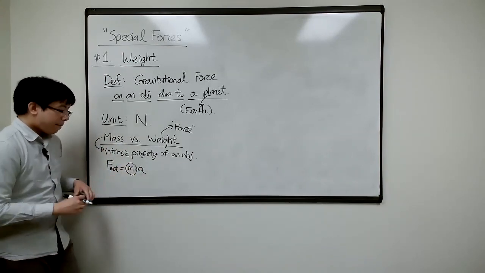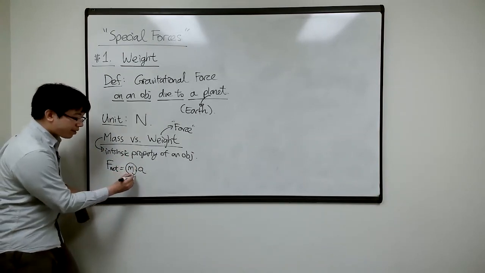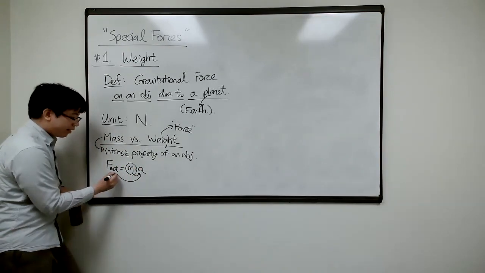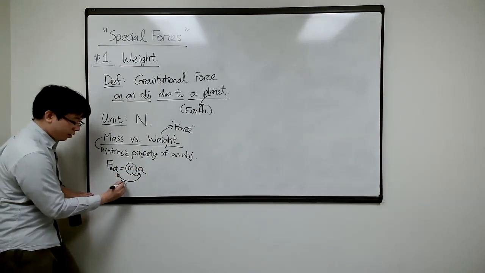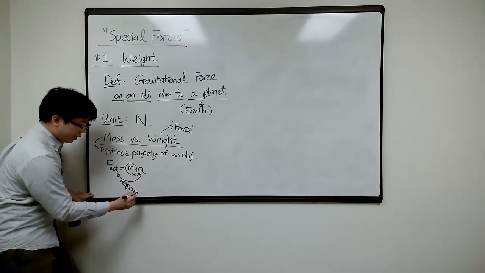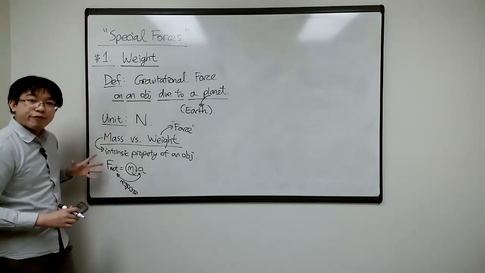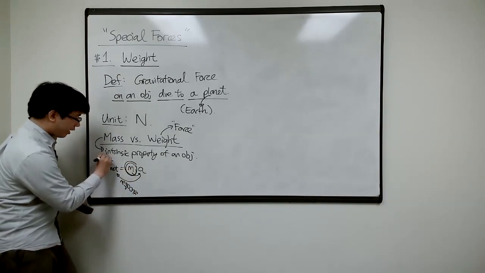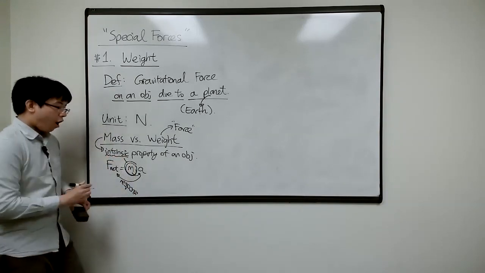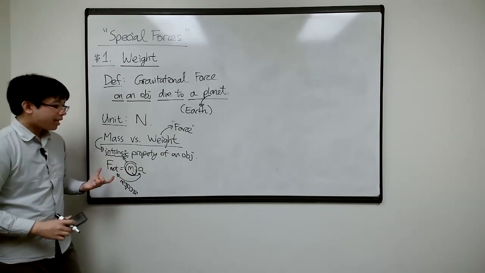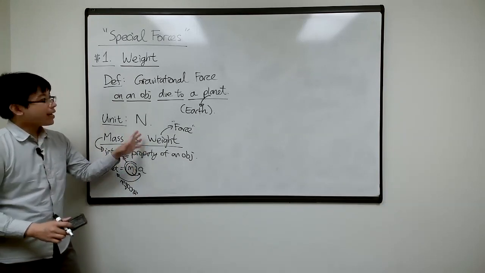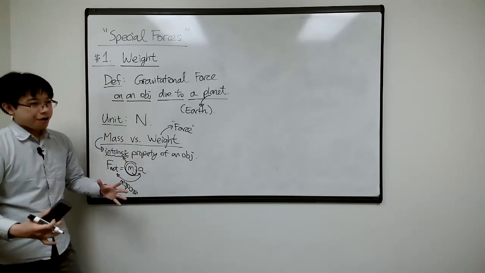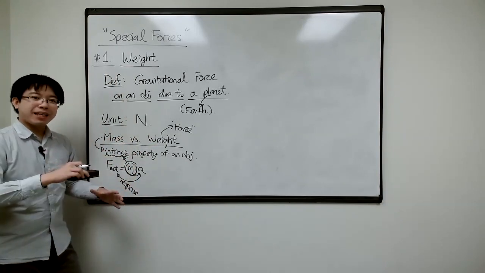So in some sense, mass is how much an object reacts or accelerates in response to some force applied on it, and this is an intrinsic property of the object. Weight is not. Weight is the gravity, it's how much influence the planet Earth has on that object.